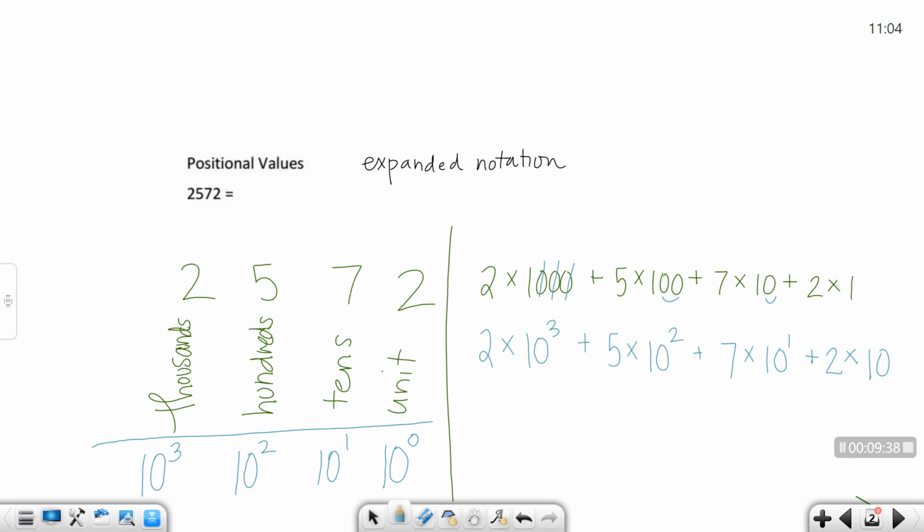That's still our expanded notation in our positional numbering system, that's what it uses. But you'll notice that there's no zero there, so you would put 10 to the 0. And your exponent rule right there is that anything to the 0 power is always 1. So that's why this piece right here equals 1. And that's how you would write something in expanded notation.